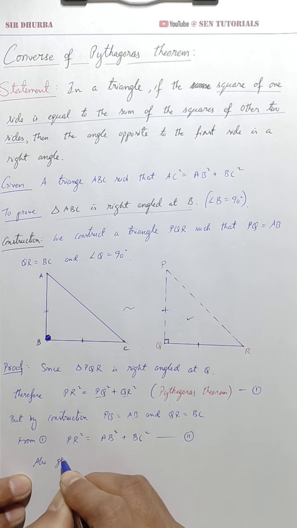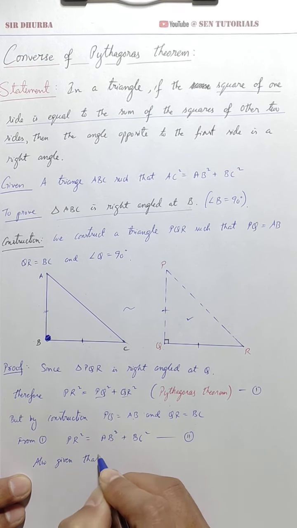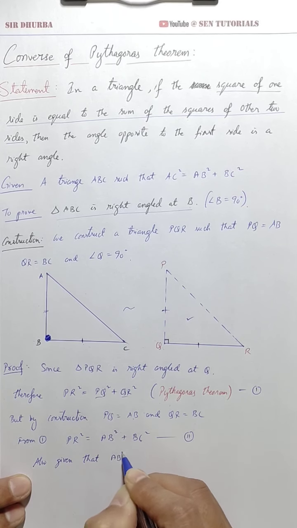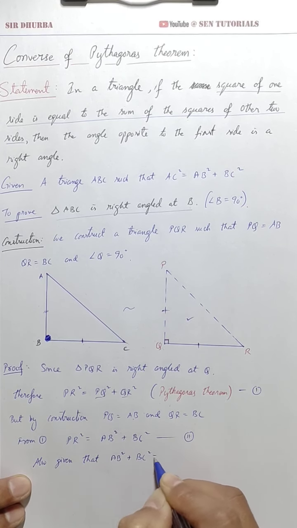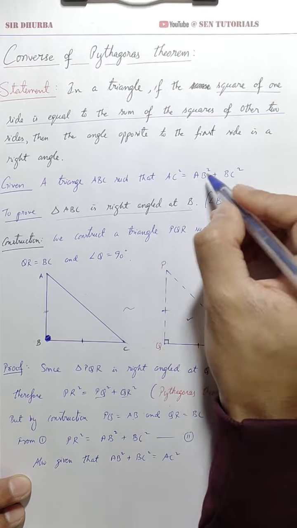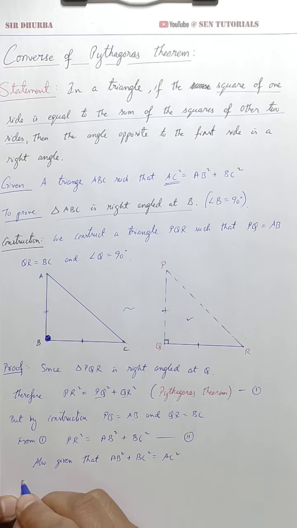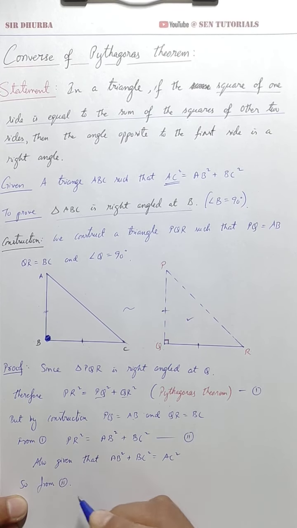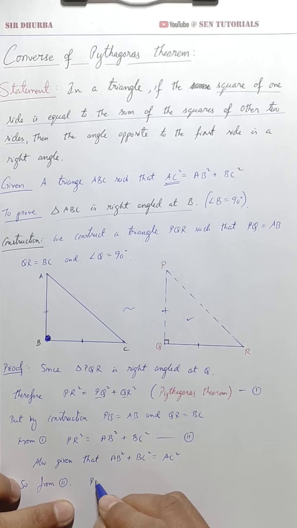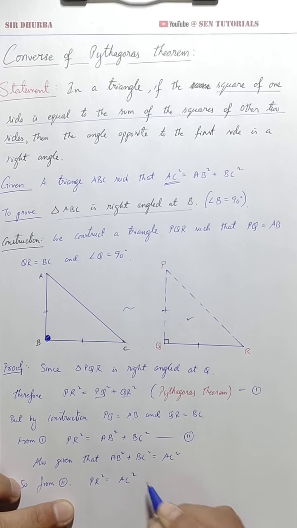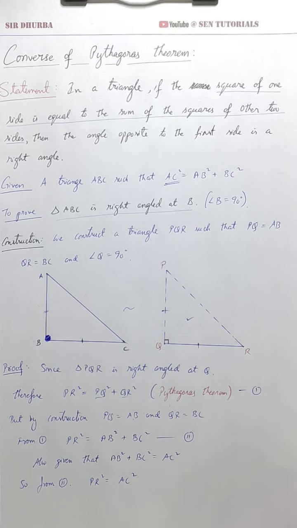Also given that AB square plus BC square is equal to AC square. This is actually given in the question. We have used our own triangle. So from 2, what we can have is PR square is equal to AC square, isn't it? PR square is equal to AC square.